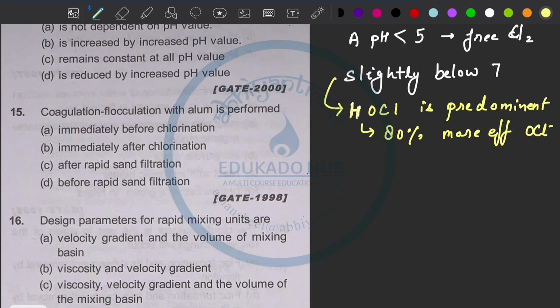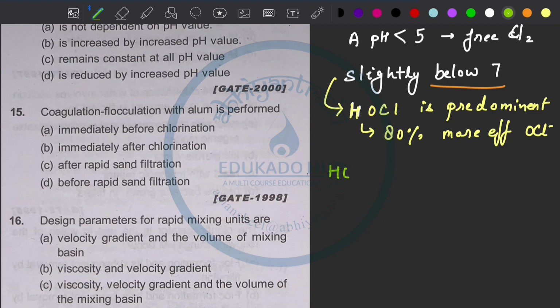So pH should not be less than 5 because chlorine will not react. pH should then be greater than 5, but if possible less than 7, below 7. That reacts perfectly in terms of disinfection.